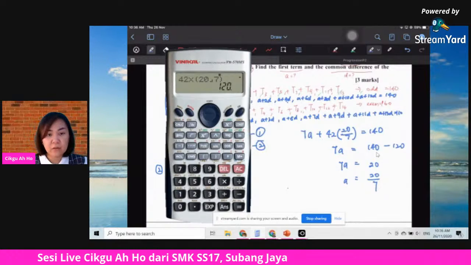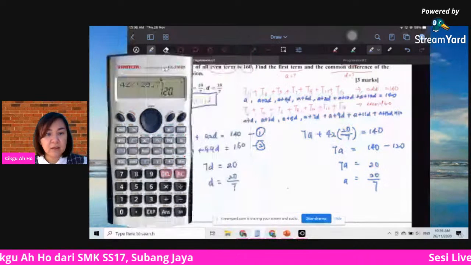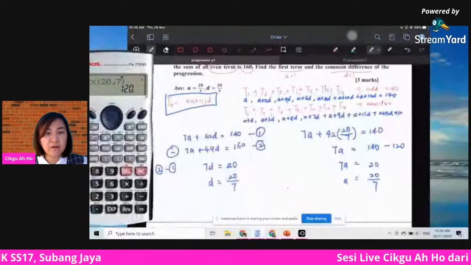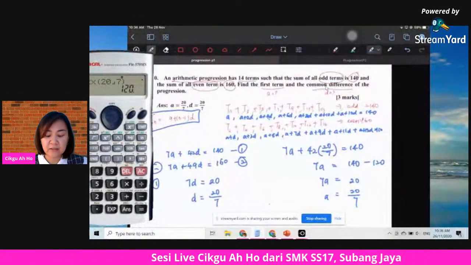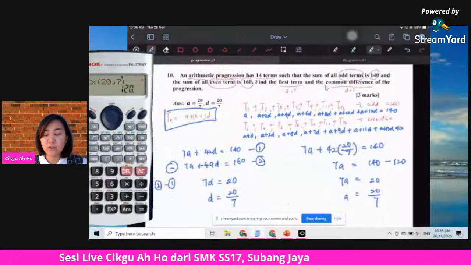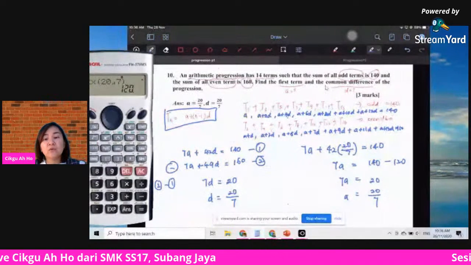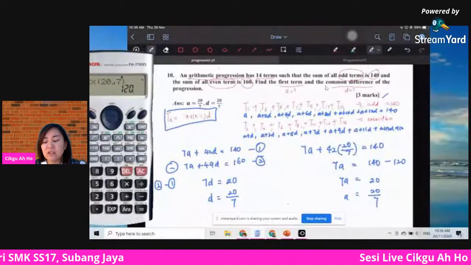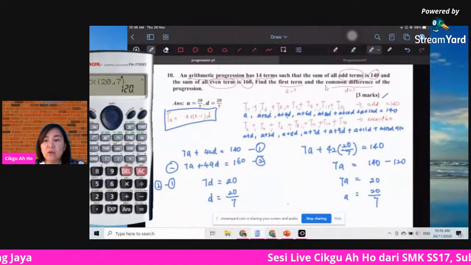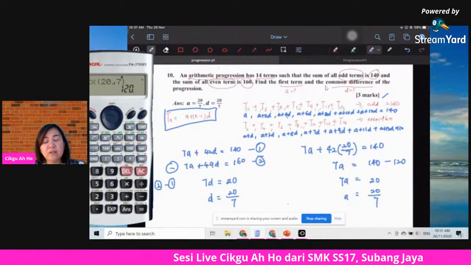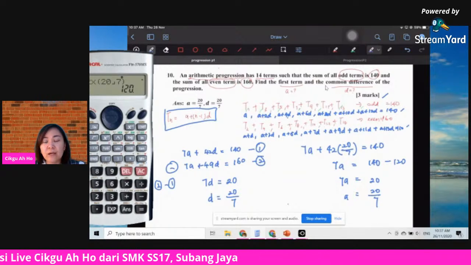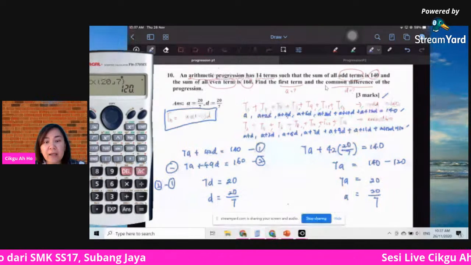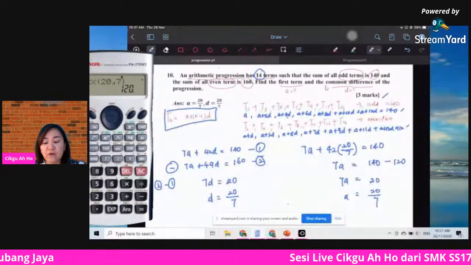Okay, so got it, everyone? Even though you find these questions very hard, seems like you cannot understand, right? So when you do it in this way, it is easier for you to understand. Even if a teacher says 3 marks, why need to do a very long calculation? I list out one by one so that it is easier for you to understand. Else you know that this is 14 terms, right?